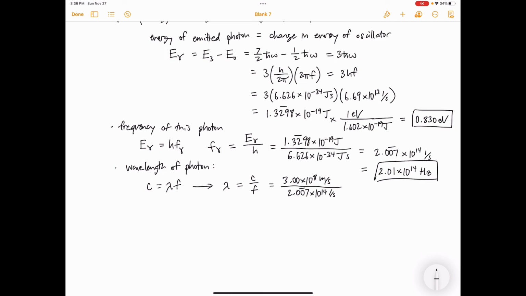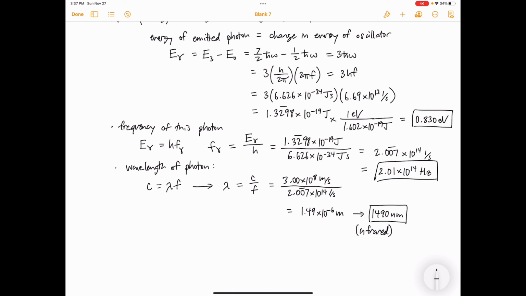So seconds cancel, you just get meters. And this comes out to 1.49 × 10^-6 meters. All right. If we convert that to nanometers, that's actually 1,490 nanometers, which is the infrared part of the spectrum.